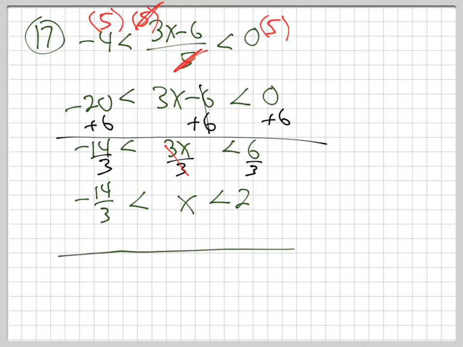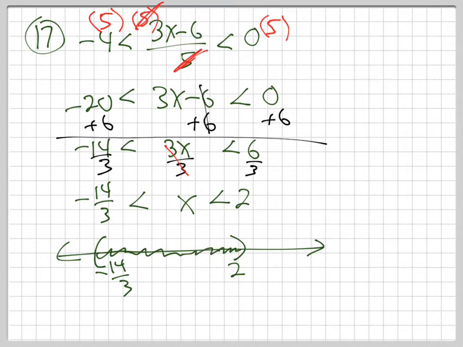So I'm going to stick it on the graph like this. Just really straight ahead. You just put negative 14 thirds there and 2 there. Is it going to be parentheses or brackets? Parentheses, right? No bar, no brackets, right? There's no equals bars here, are there? No equals bars, no brackets. Going to be parenthesis, parenthesis, shading in between.